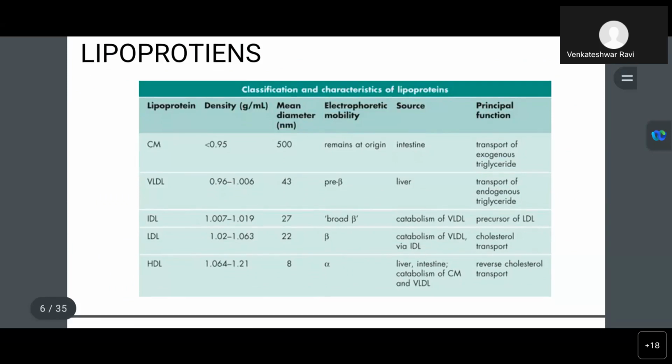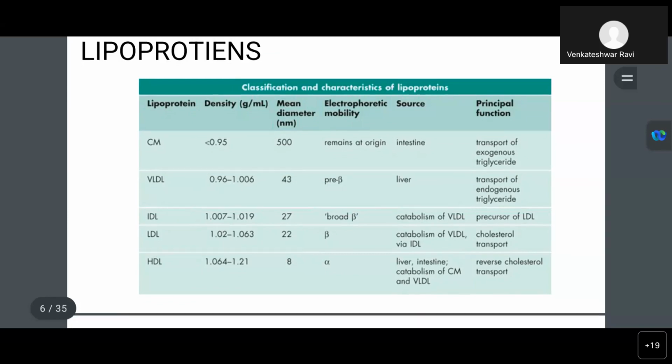VLDL's source is the liver, they accumulate in the pre-beta region of electrophoresis, and they help in transport of endogenous triglyceride synthesized in the liver. IDL is at the broad beta level of electrophoresis, is due to catabolism of VLDL, and is a precursor of LDL. LDL helps in cholesterol transport. HDL's main sources are liver, intestine, and catabolism of chylomicrons and VLDL, and its principal function is reverse cholesterol transport, thereby reducing blood and plasma cholesterol levels.